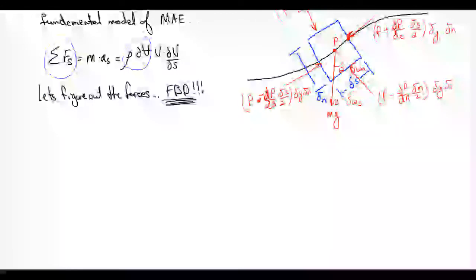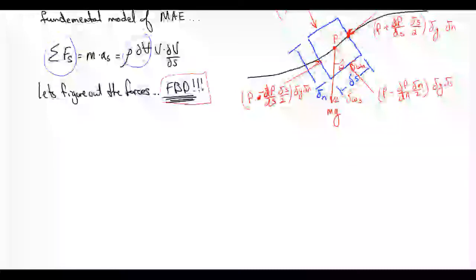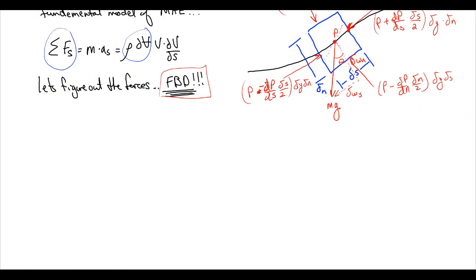And this has been our free body diagram, because remember, every time you use the sum of the forces equal to mass times acceleration, you have to have a free body diagram. So now we're going to sum some of the forces in the streamwise direction. So let's start that.